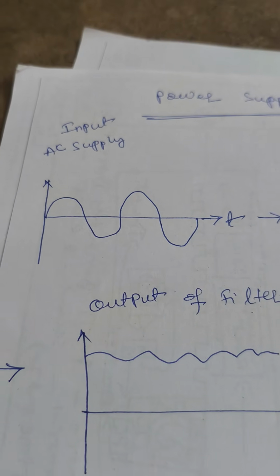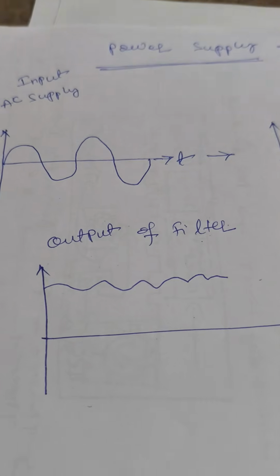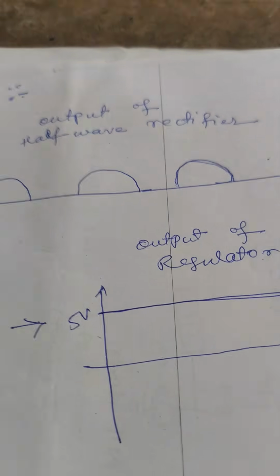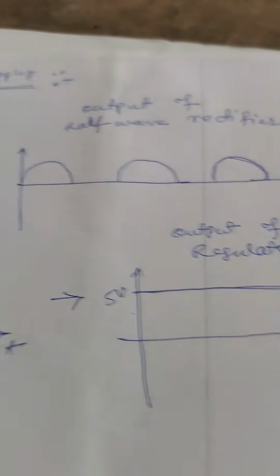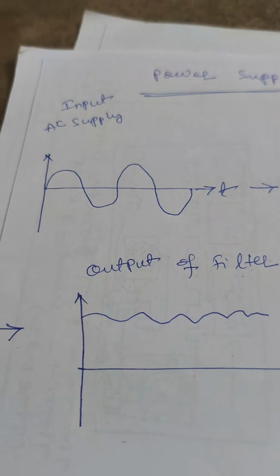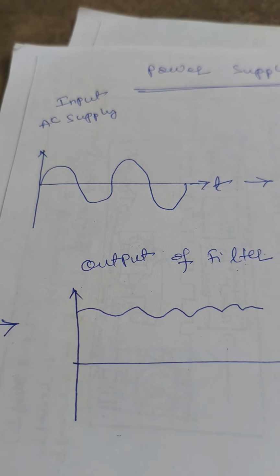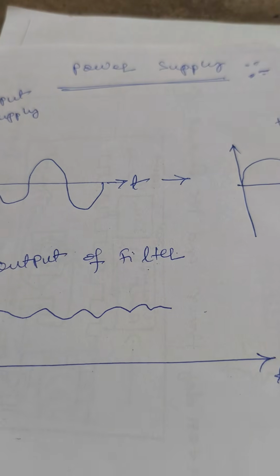Therefore, we have to use the rectifier, filter, and regulator so that we can get perfect 9 volt DC. Therefore, we should know how to convert 230 volt AC to 9 volt DC. That is called power supplies.